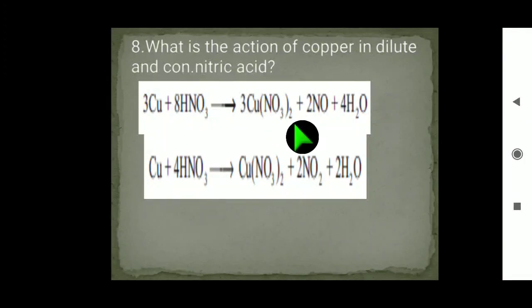Copper nitrate and nitric oxide and water will form. When copper reacts with concentrated nitric acid, copper nitrate and nitrogen dioxide will form with water. So first equation nitric oxide, second equation nitrogen dioxide. Here 3:8 ratio, here 1:4 ratio, for remembrance.